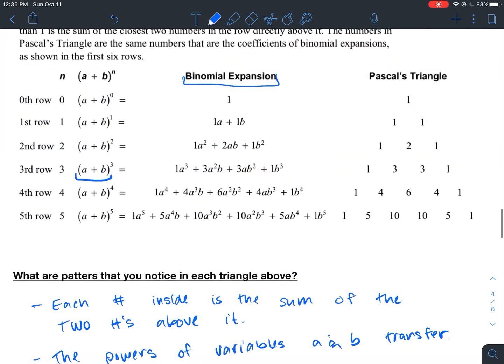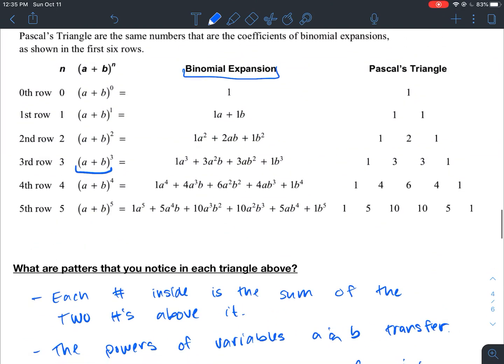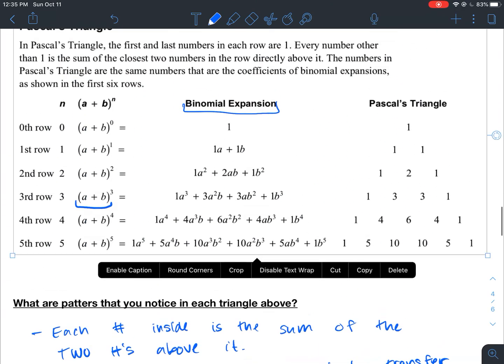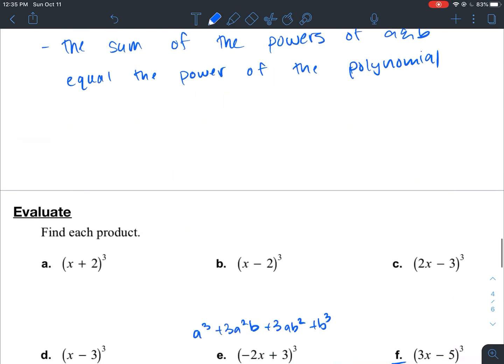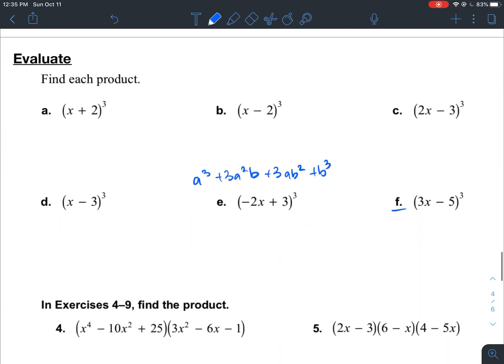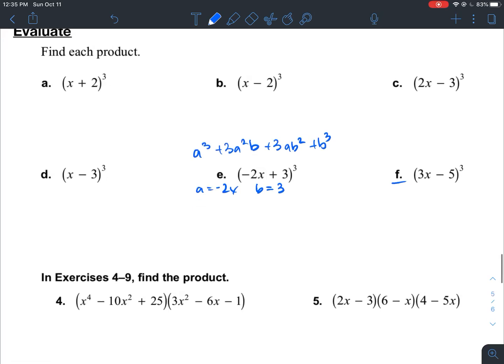I think I wrote that down right. Yep. Okay. So in this case, a is equivalent to negative 2x and b is equivalent to 3. So I can use that.